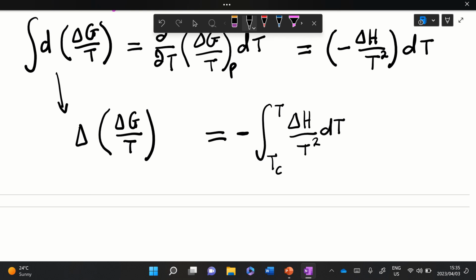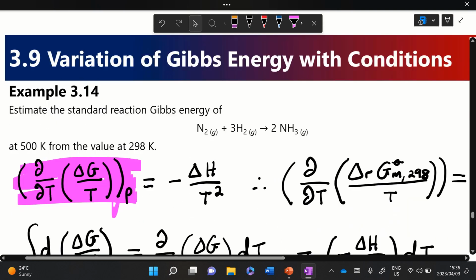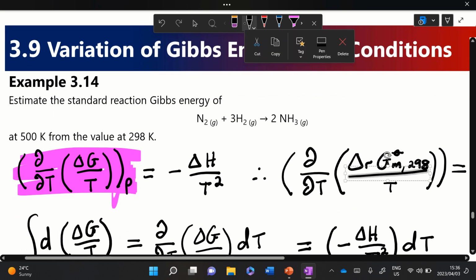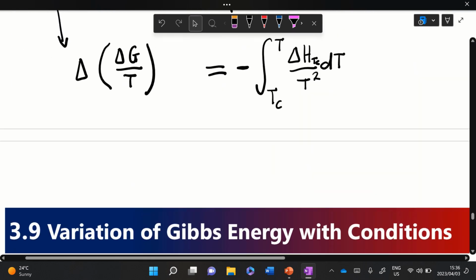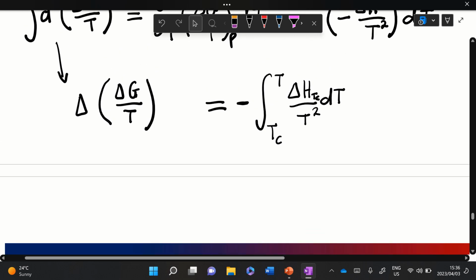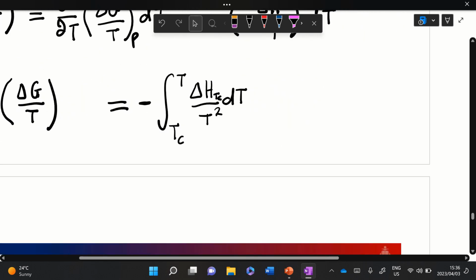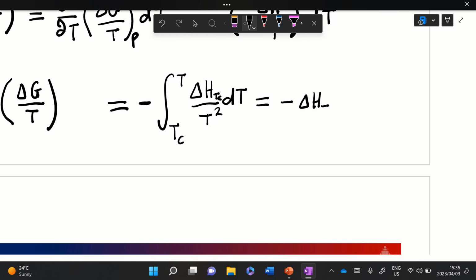And this delta H is defined at which temperature? It's defined at Tc. Tc is for the 298, and then the 500 is just T. So that's how we're defining it. Okay, so just to remind us what it is. This one can easily be rewritten, and we can write it out a bit further. So the minus delta H can go to the front.